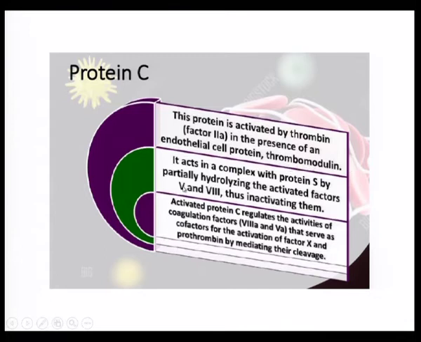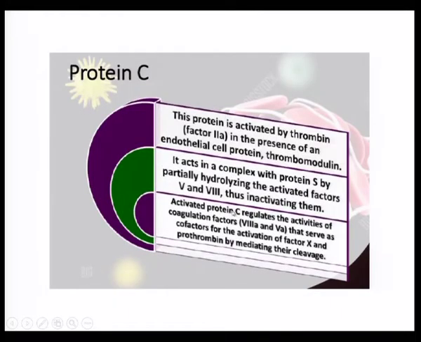So, this protein acts in complex with protein S by partially hydrolyzing the activated factors 5 and 8. If you recollect, in the clotting mechanism there are different proteins at various stages which get activated in a sequential manner, in other words the cascade reactions. Protein C is one of the proteins that helps in the maintenance of this cascade.